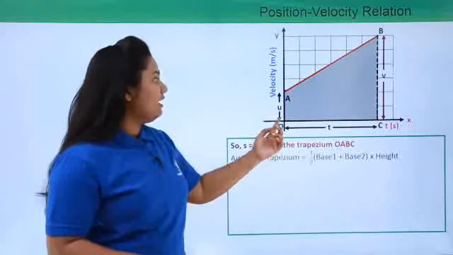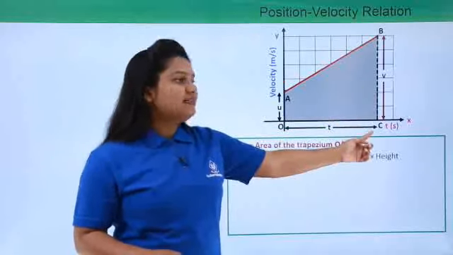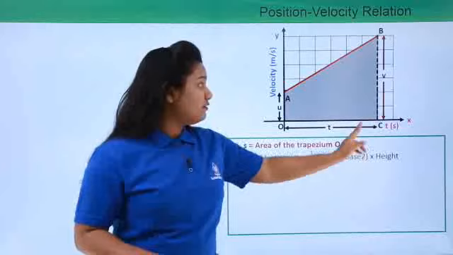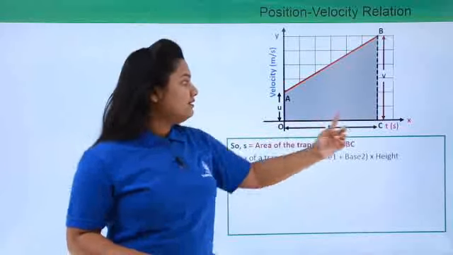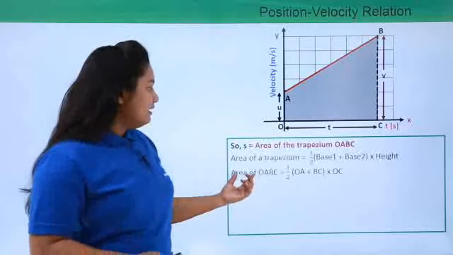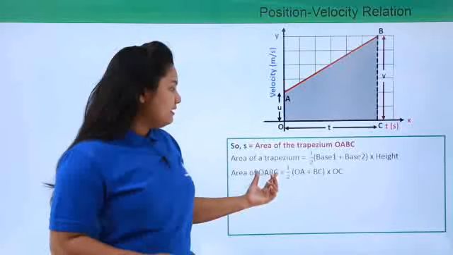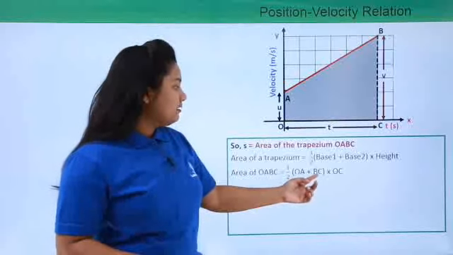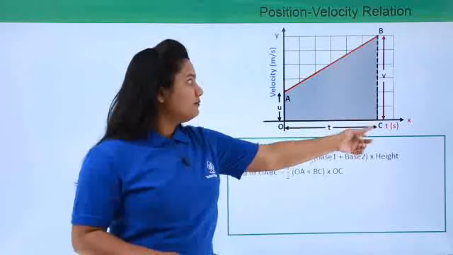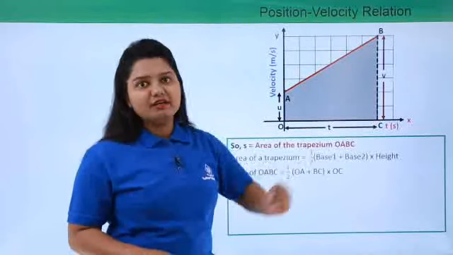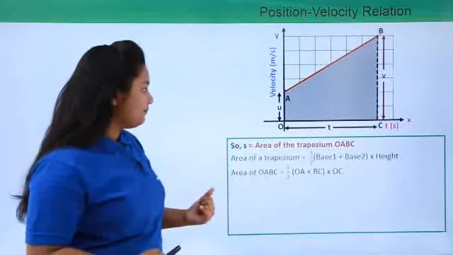So we take OA as base 1 and BC as base 2, and the height of the trapezium is given by the length OC. So area of the trapezium OABC equals half into (base 1, which is OA, plus base 2, which is BC) into OC, which we have taken as the height of the trapezium.